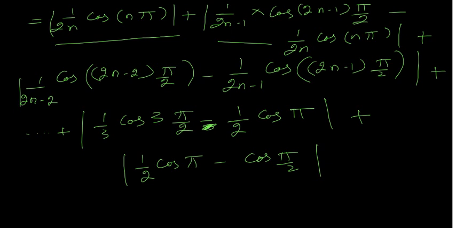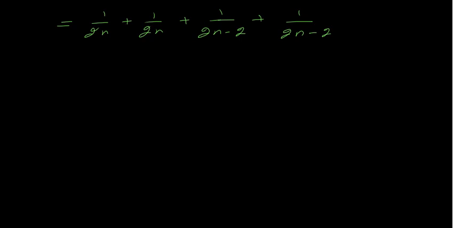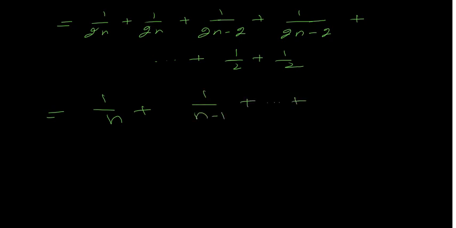So you can see this sum is equal to 1 by 2n plus 1 by 2n plus 1 by 2n minus 2 plus 1 by 2n minus 2, and so on for the even terms, plus the last two terms, 1 by 2 plus 1 by 2, which is 2 by 2, that is 1. So it's equal to 1 by n, and this will be 1 by n minus 1, plus 1 last.